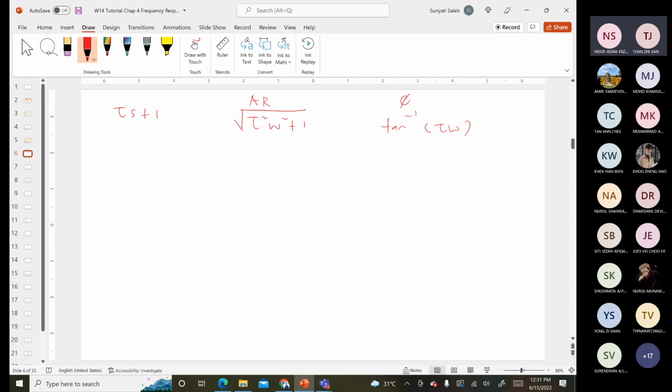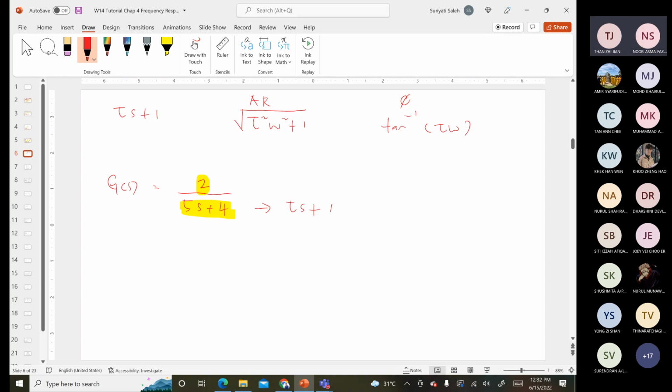Let's say in some cases, you have G(s) equal to 2 over 5s plus 4. So in this case, what should you do? If we try to break it up, the 2 here is no problem. You have the ability to transform it into the amplitude ratio and the angle. But the problem here is 5s plus 4. The 5s plus 4, if we compare with tau s plus 1, is different.